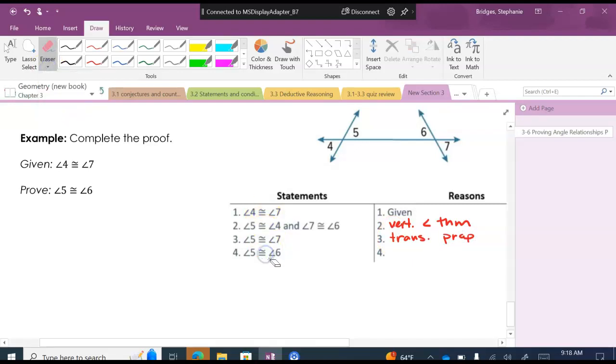And then if 5 is congruent to 7 and 7 is congruent to 6, then 5 is congruent to 6 for what reason again? Transitive.